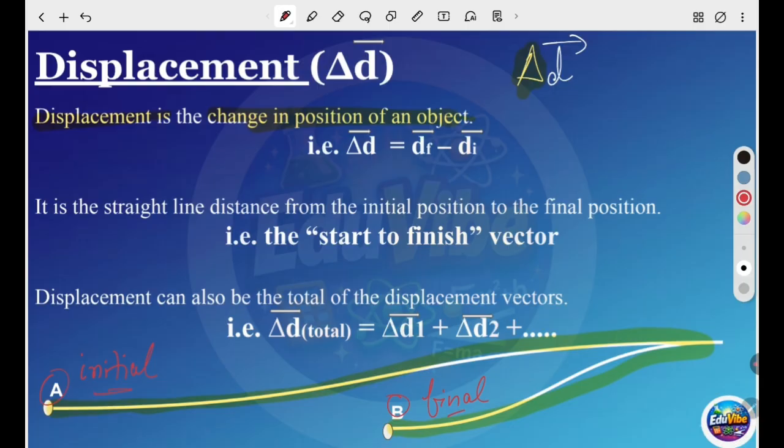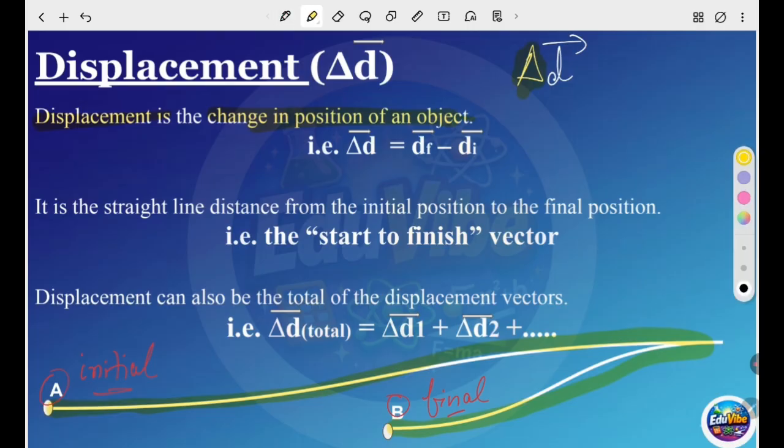Starts from initial, ends on final. So this was the changing of position. The object A was initially on that point, and when it travels, it is now on the final position, point B. That's the change in position.